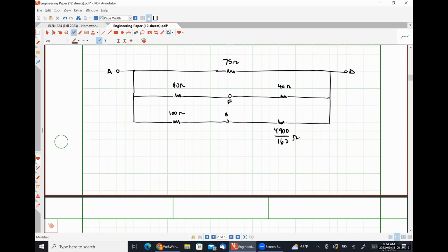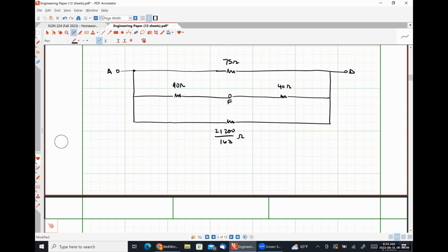So I'll just add 100. So we get 21,200 over 163. And that's as far as we can simplify that bit, right? So now we're going to move up to the one above it.